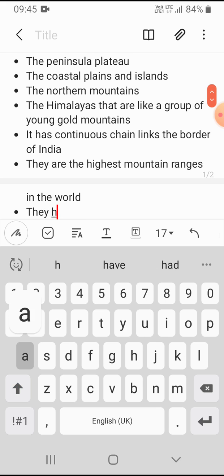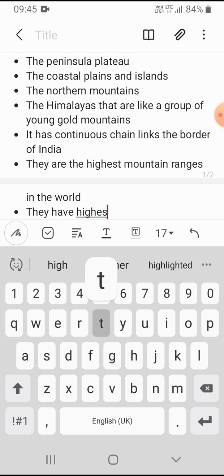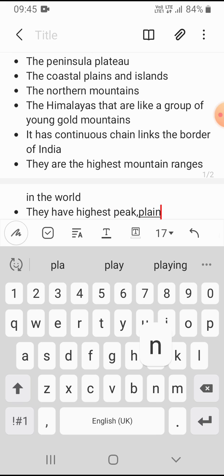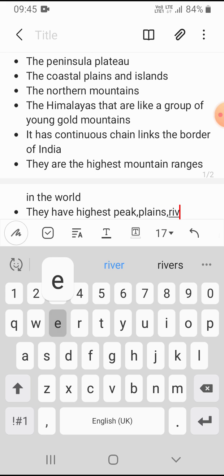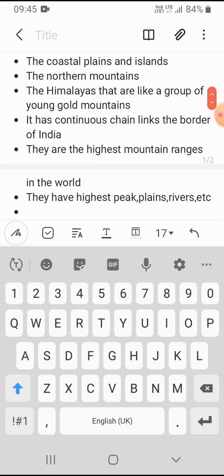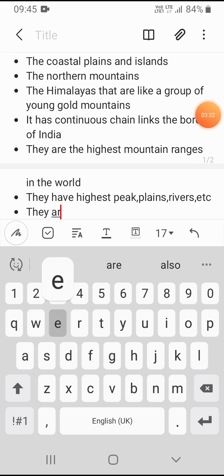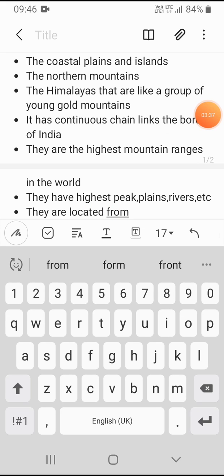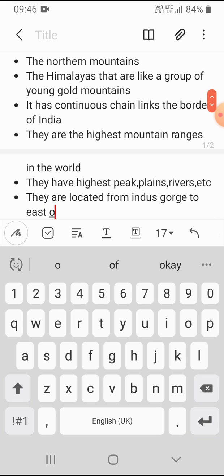They are located from the Indus Gorge, as you learnt in your rivers chapter, to the Brahmaputra Gorge in the east.